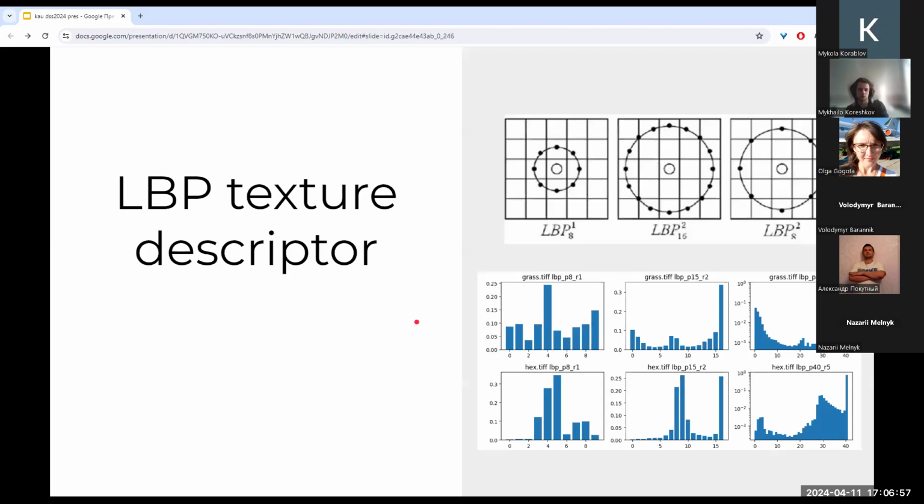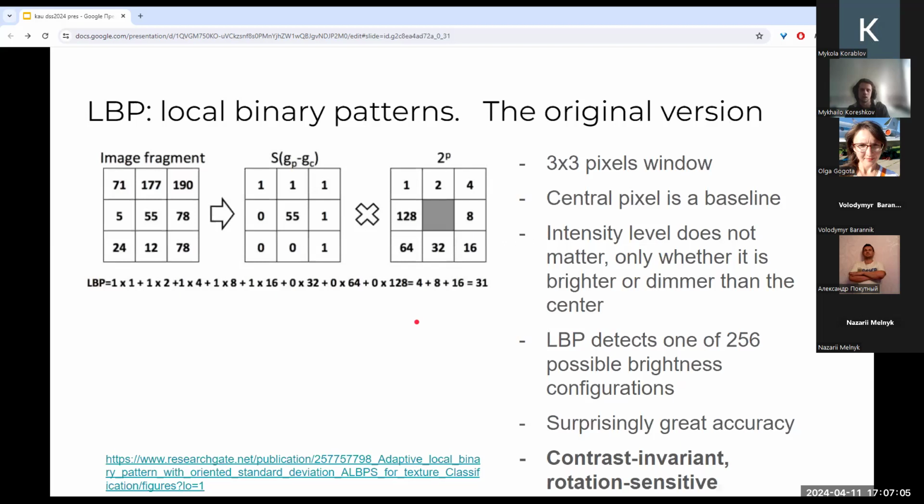And let us proceed to LBP texture descriptors that we were working on in our project in SysBio. I want to give you some background about it. What are the different types of LBP? The simplest, I guess oldest, version of the local binary pattern descriptor is calculated just in a 3x3 matrix around the pixel.